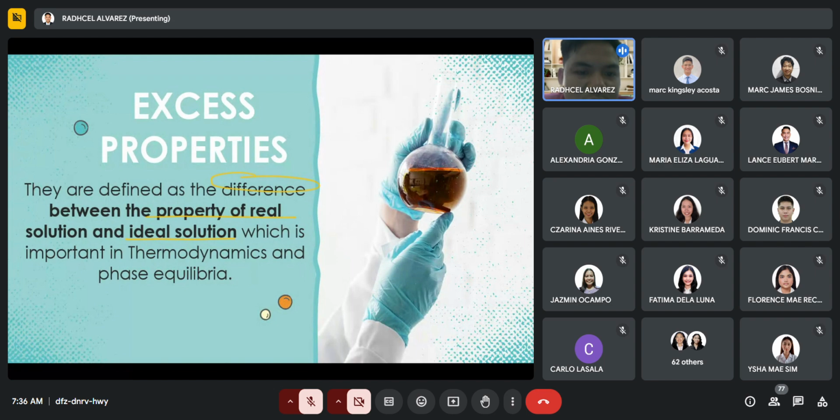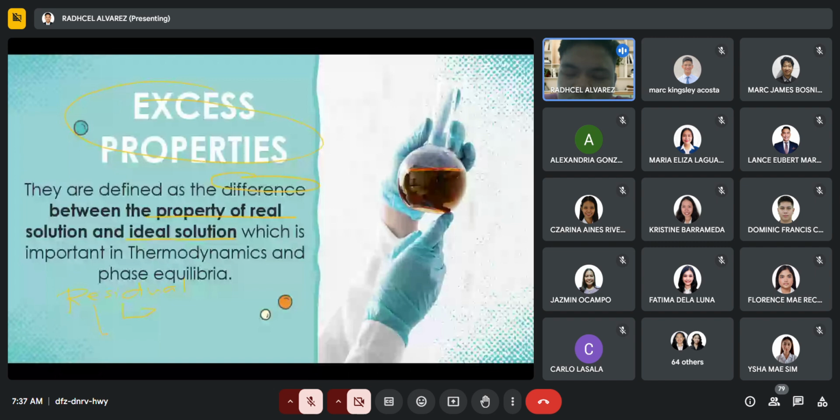So, anong pinagkaiba niya with our residual property? So, sabi natin, by definition, itong si residual property, these are the property or the difference between the properties of the ideal gas and the real gas.